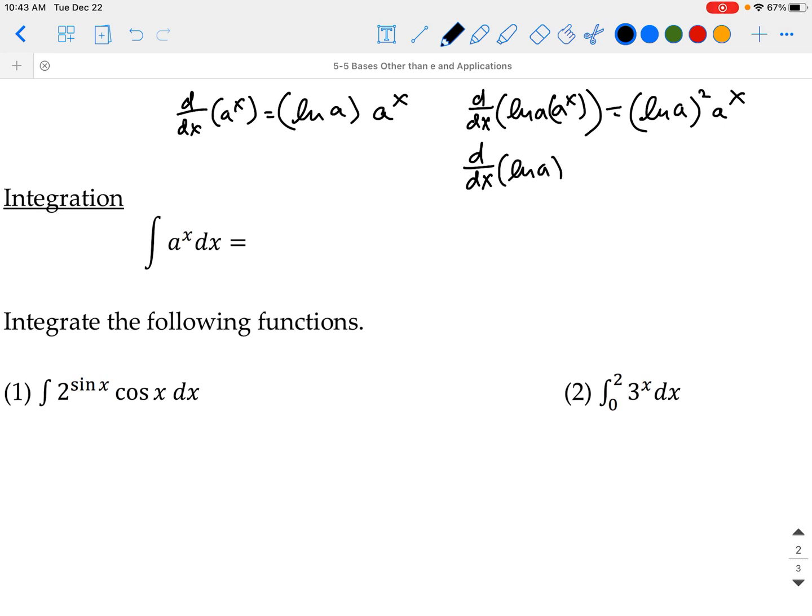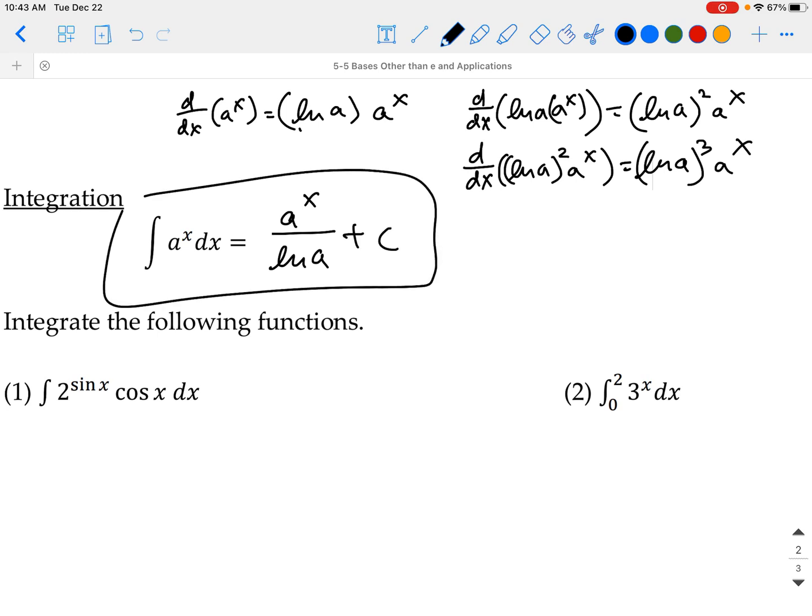And if we took the derivative again, we would then get the natural log of a cubed times a to the x. So if we're differentiating downward, we're just multiplying by the natural log of a each time, which means if we go in reverse, we're dividing by the natural log of a. So what we'll end up with is a to the x over the natural log of a plus c.